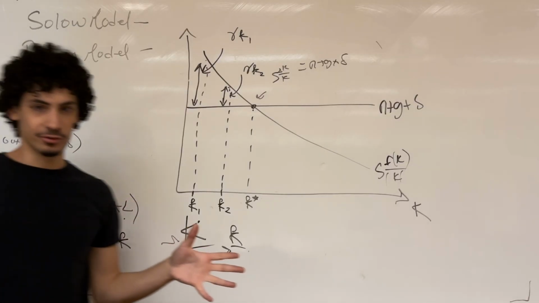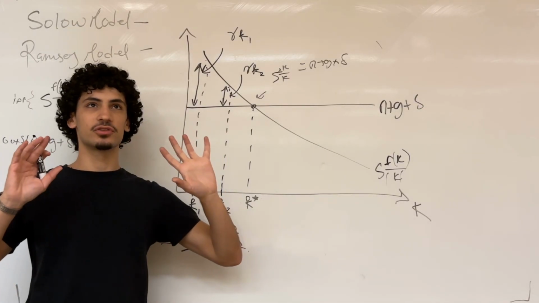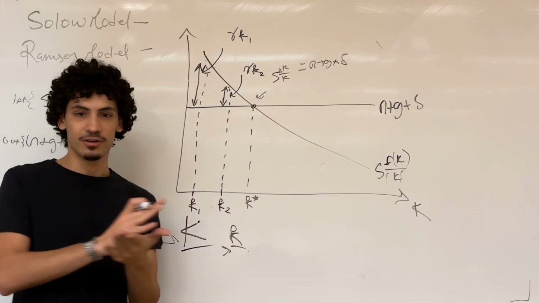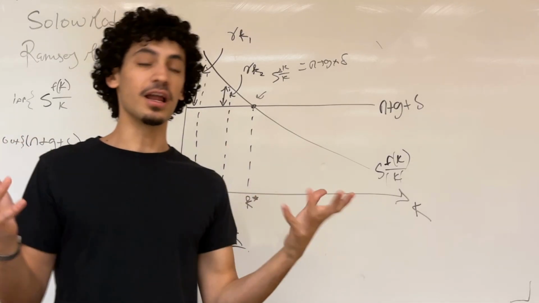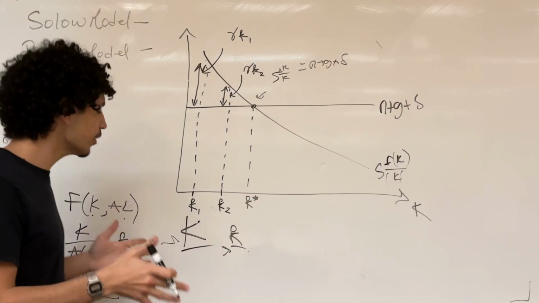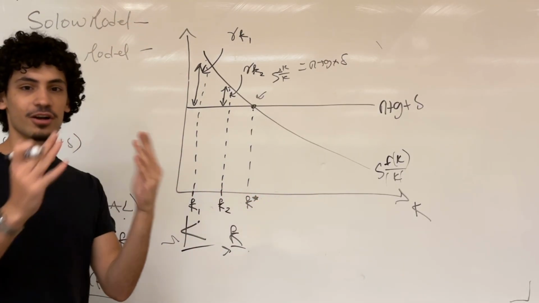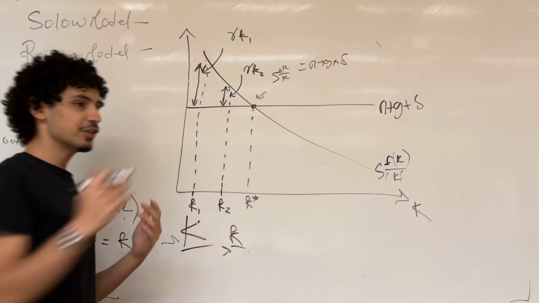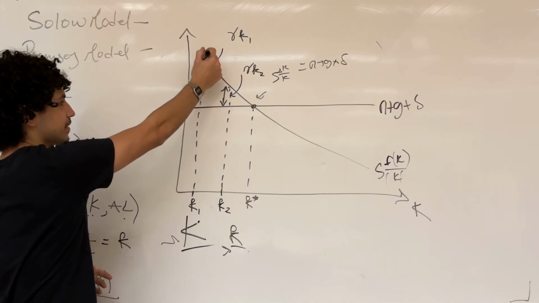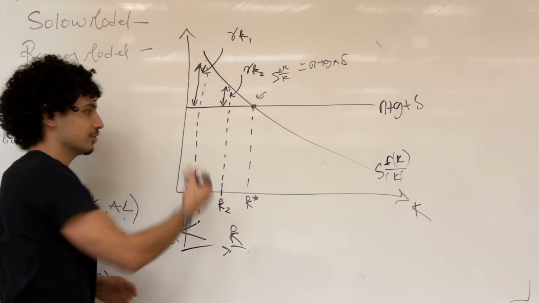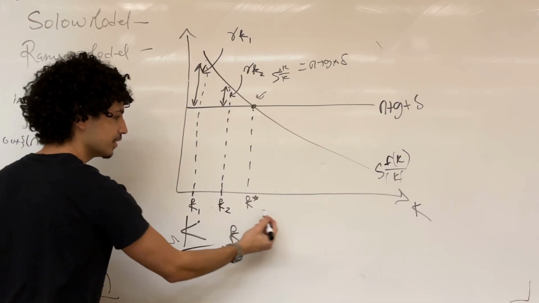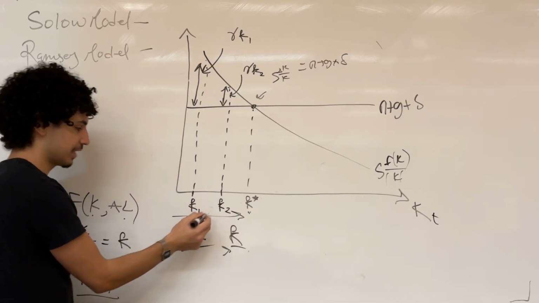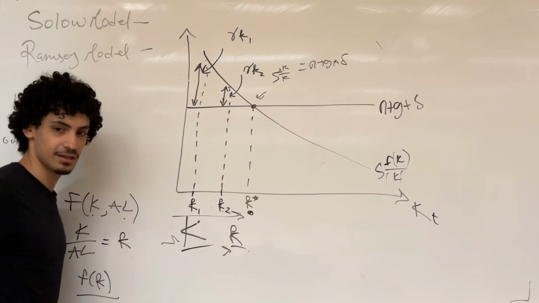But there's an assumption here that we're holding constant that might lead you to a naive point of view. So first, what can we deduce from the idea that a country with less capital grows faster? We can first say, okay, if a country has less capital and grows faster, that means at some point in time, so this is KT, it's going to catch up to K2, and they're both going to end up at this steady state.